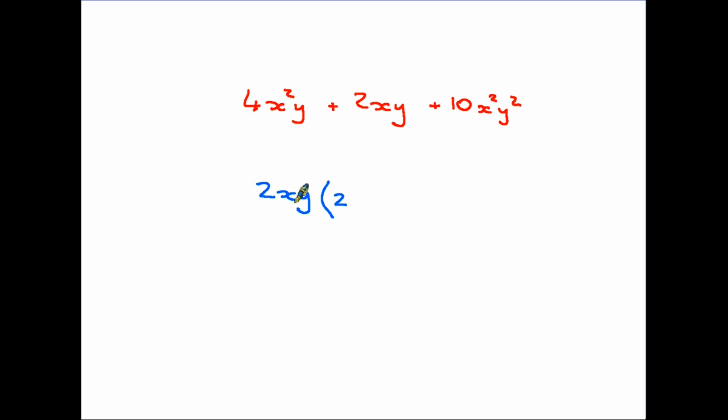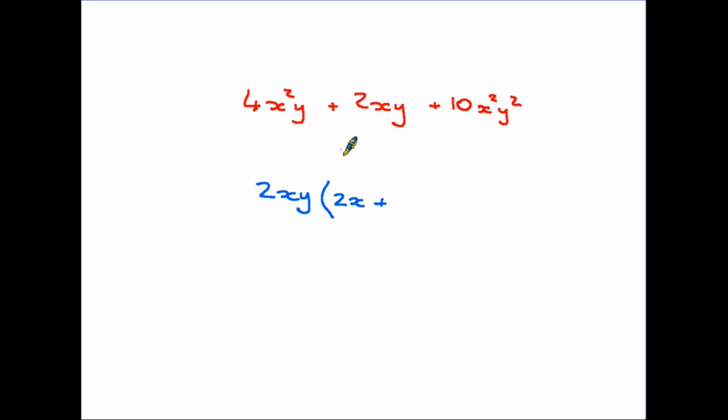I've taken out an X. How do I multiply X to get back to X squared? I need another X. X times X is X squared. We have a Y. We have taken out a Y. Therefore, it's all been taken out. There is nothing left inside for this term.